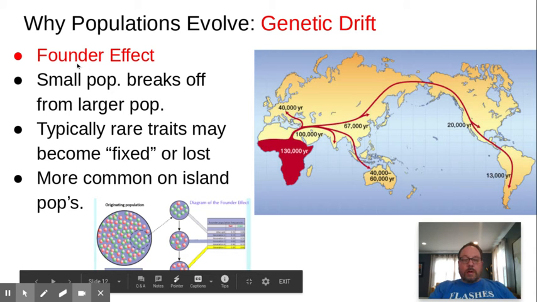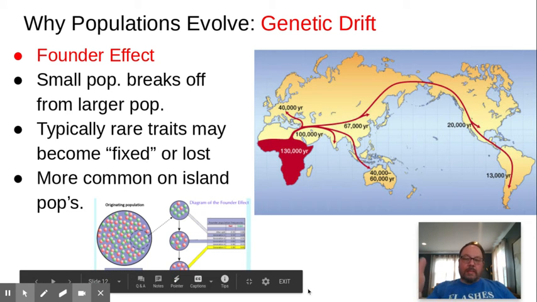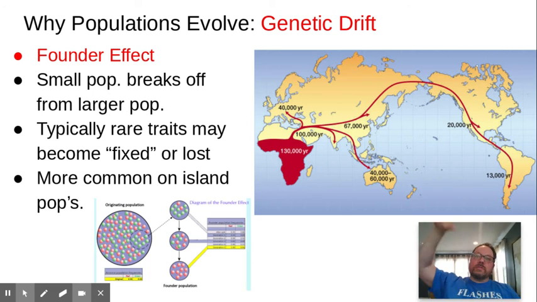Here's again reviewing the idea of drift. When you get these small populations breaking off, it's called the founder effect. So you think of the Galapagos finches. The Galapagos finches have ancestor species that were in the mainland of South America, but got somehow moved over to the Galapagos Islands, whether they were blown off course by the winds or storm or whatever the case may be.